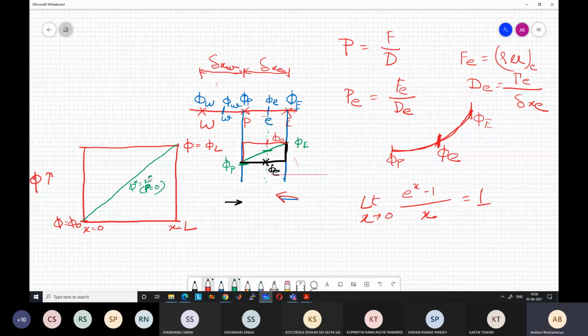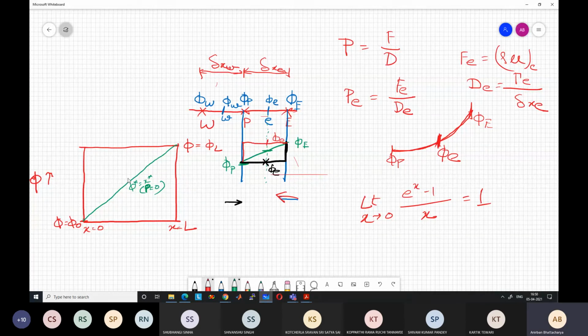Can anyone say what is the physical significance of this? Why is it linearly varying at p equal to 0, based on convection and diffusion? Can you say? What is the convective strength?